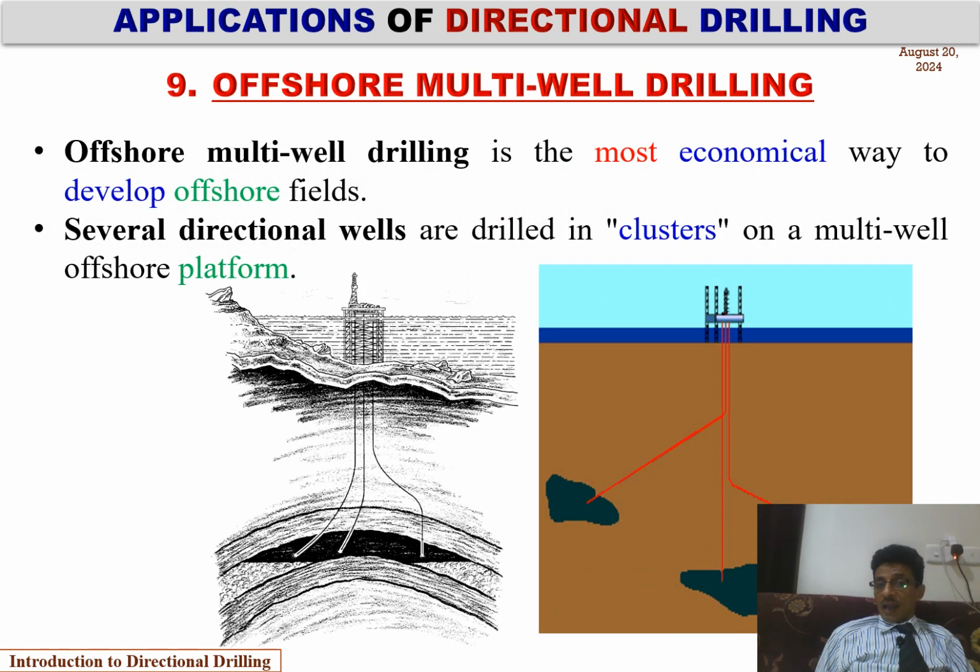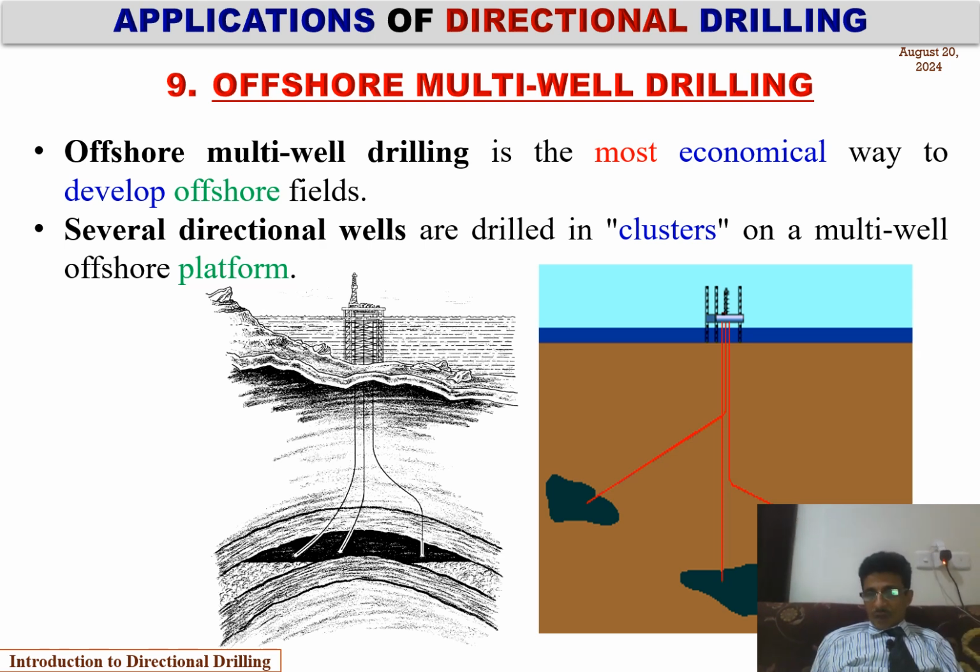Offshore multi-well drilling. We know that offshore drilling is very expensive, and we should be thinking economically, drilling more than one well from one site or from one string of casing to make our field economic.